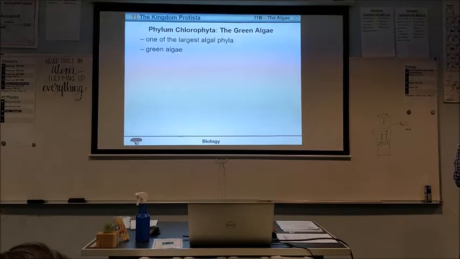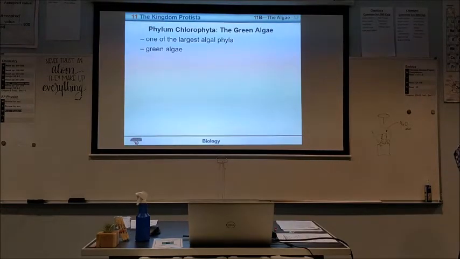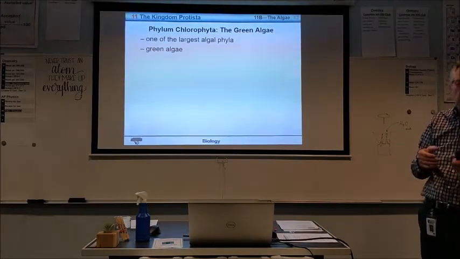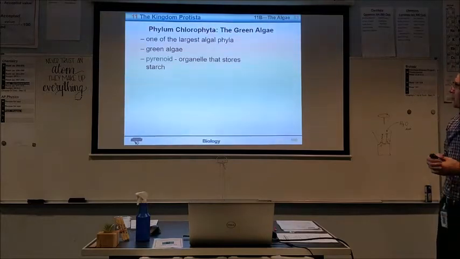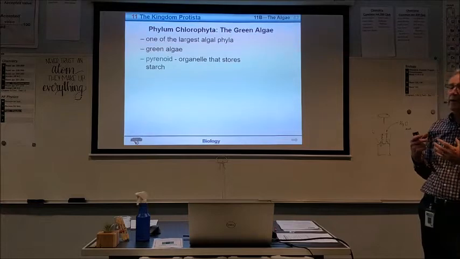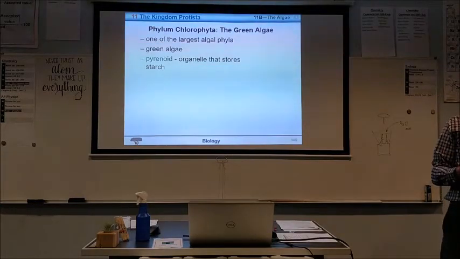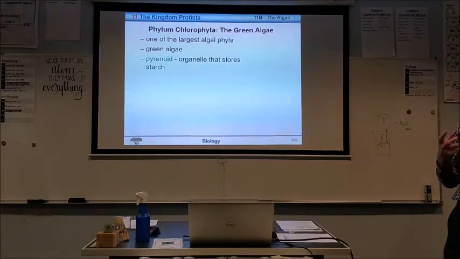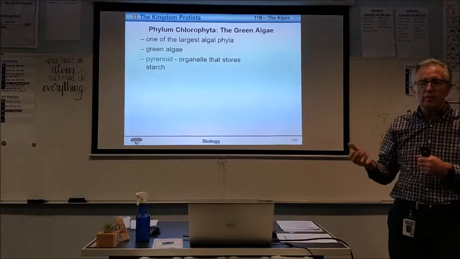They're the green algae. So, if you've ever been to a lake or a pond towards the end of summer, how they get pretty green looking, the green algae. So this is the largest group of those. They have structures in the cell called pyrenoids, and these pyrenoids are actually organelles that store the energy.